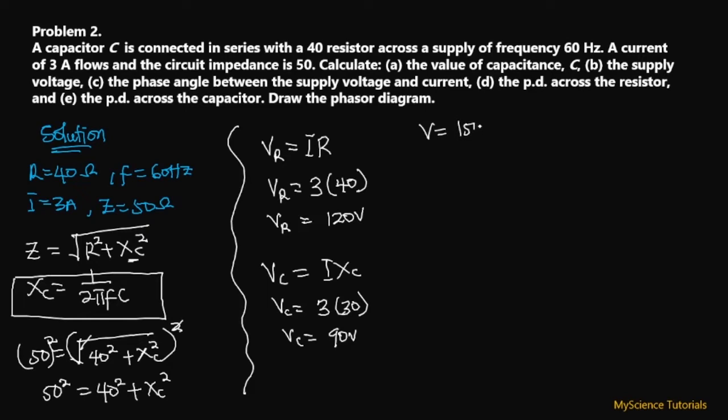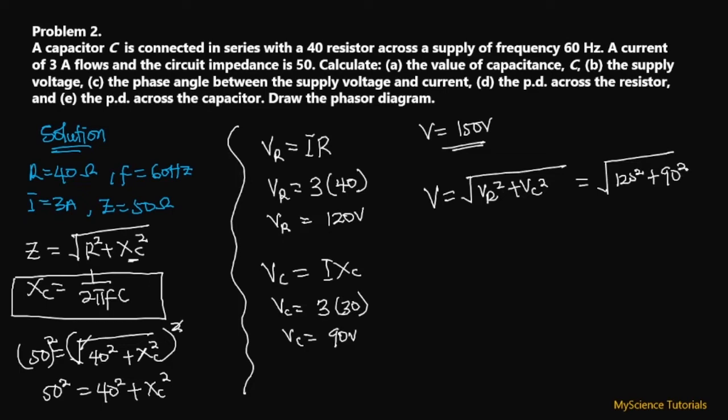We found earlier that our applied voltage V for the entire circuit was 150 volts. So let's see whether the phasor sum of VR and VC will give us 150. We know that V is equal to the root of VR squared plus VC squared. So we have the root of 120 squared plus 90 squared.